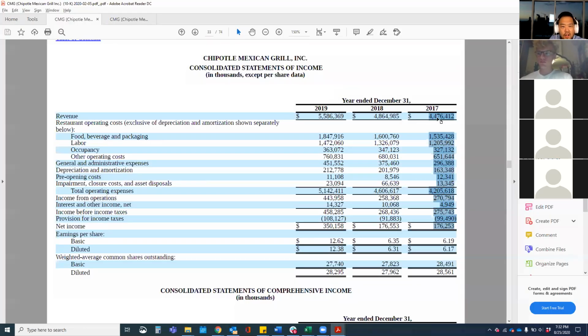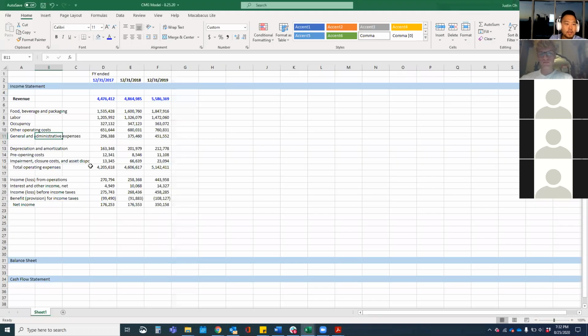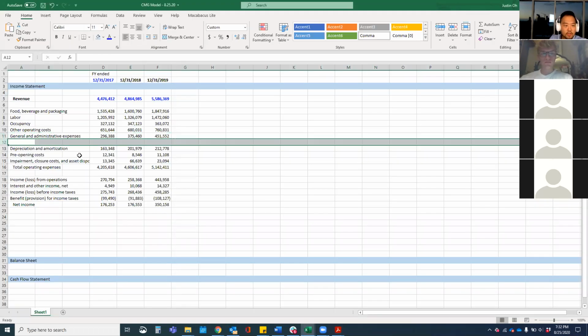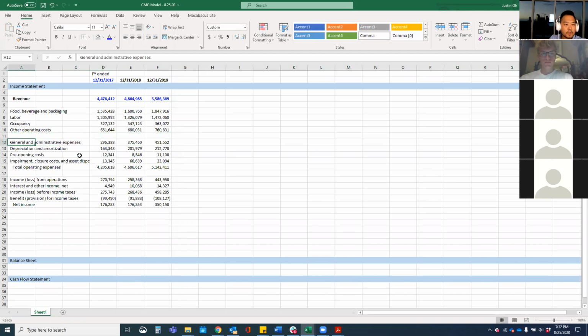Operating, you got food and beverage, labor, occupancy, other operating plus G&A. Okay, so here it is. These are corporate, right? And these are like four wall costs. So that's why they're saying these are like operating costs.